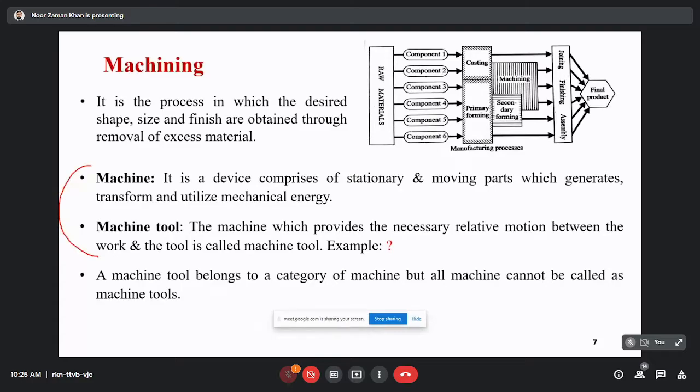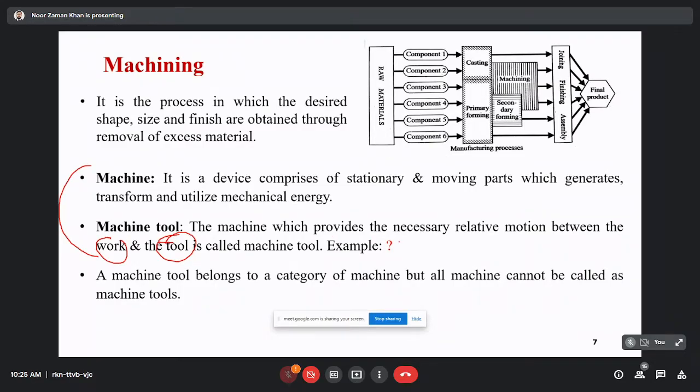If you talk about a machine tool, it is nothing but a machine which provides the necessary relative motion between the workpiece and the tool. It is termed as a machine tool. Any example? Anybody? Example for machine tool? Milling cutter.